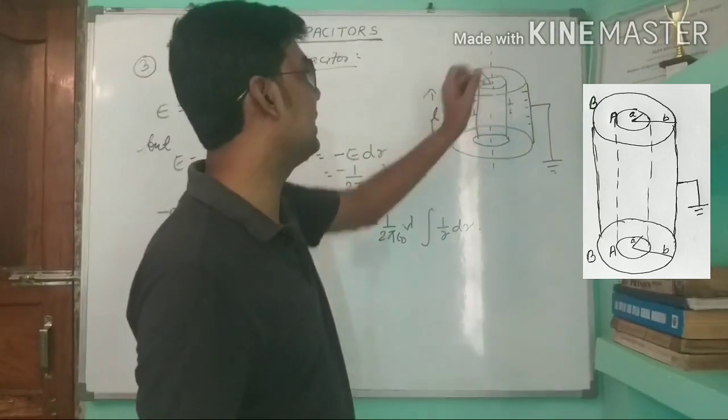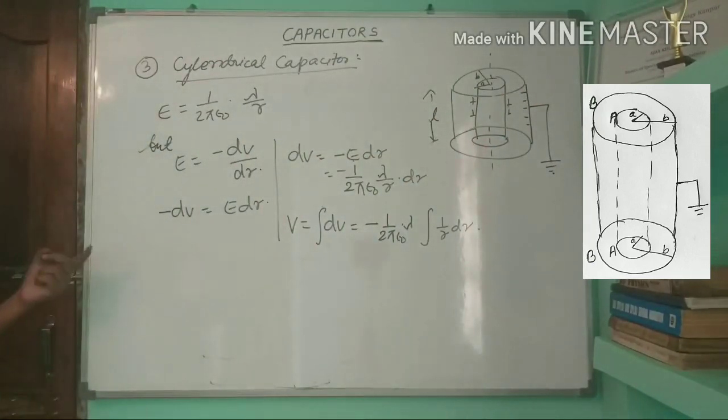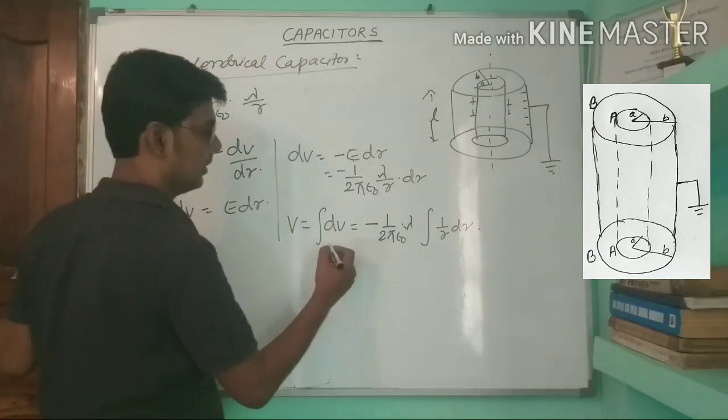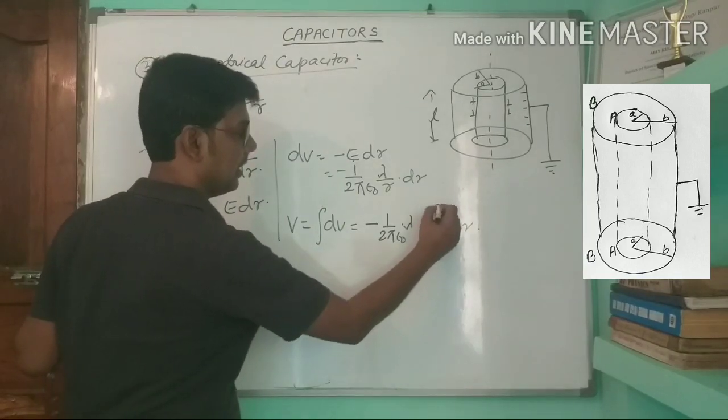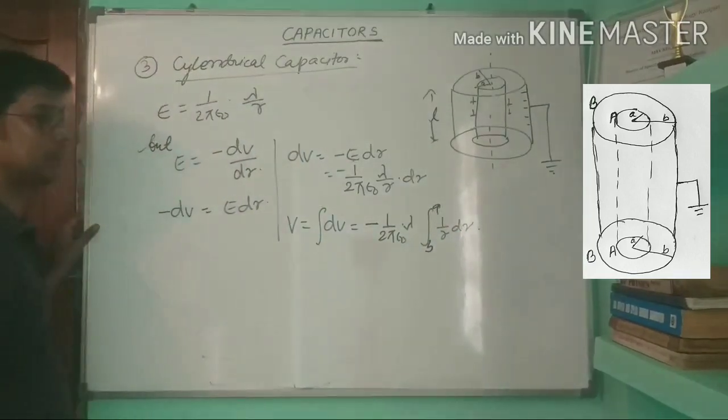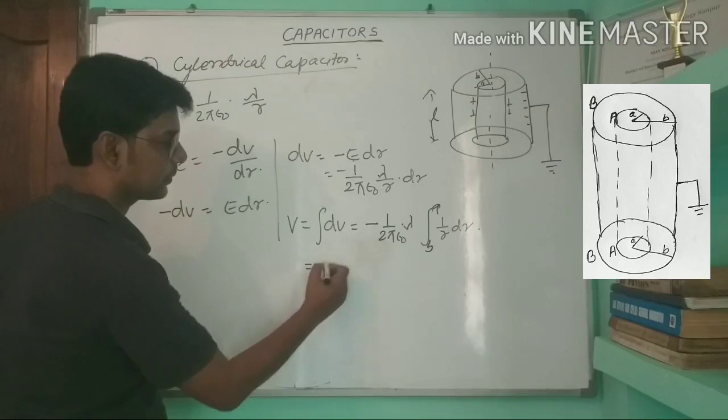This is radius A and this is B. So we will integrate from B to A.